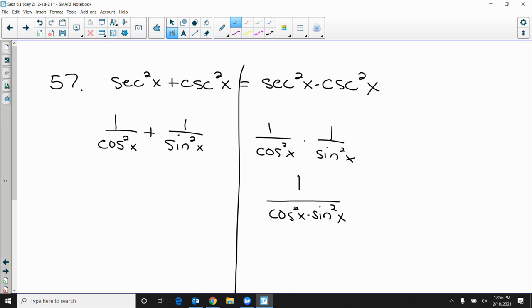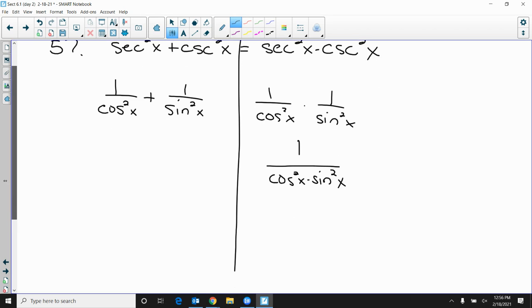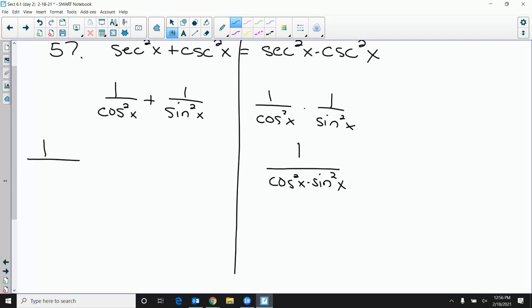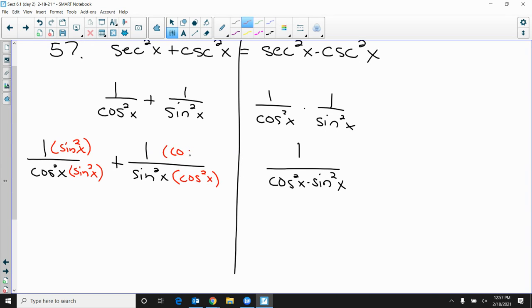Do the math. How do you add those together? If it says plus, we got to add them together. You got to get a common denominator. It's going to be cosine squared times sine squared. This one has a cosine squared, so we need to throw a sine squared in there: sine squared x over sine squared x times 1 over cosine squared, plus 1 over sine squared, and then we multiply that one by cosine squared x.